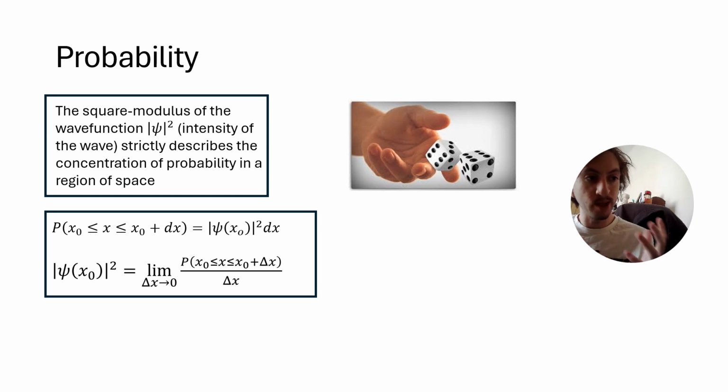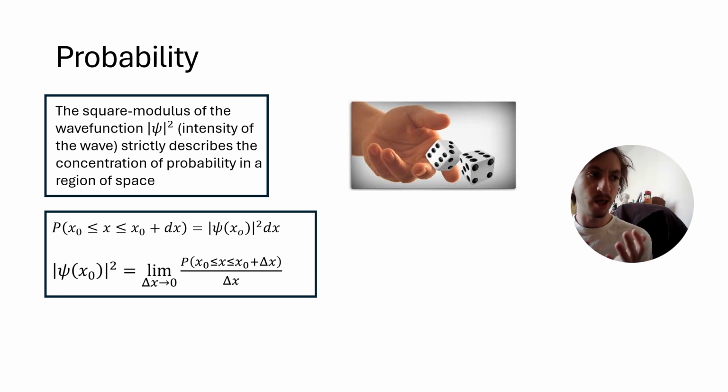Well, it turns out that the probability of finding a particle between those two infinitesimally separated points is equal to the amplitude of the wave function squared at that point in space, multiplied by the distance between our two infinitesimally separated points.